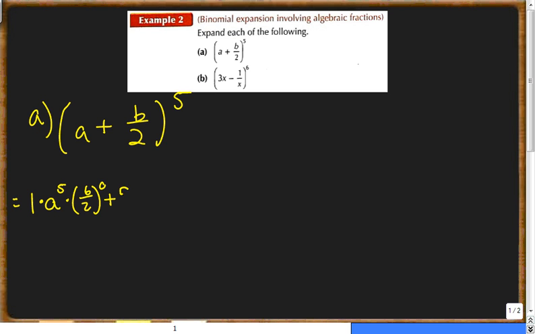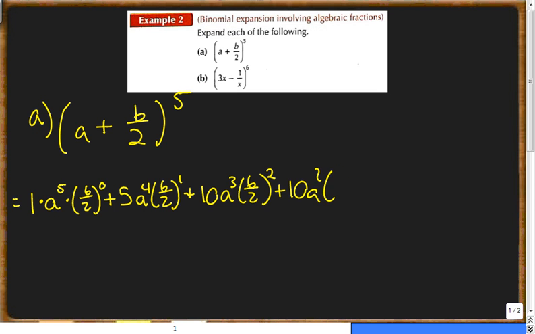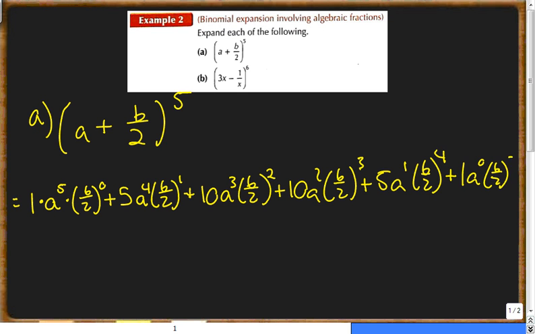So this, and then it's going to be 5 a to the 4th b over 2 to the 1st plus 10 a cubed b over 2 squared plus 10 a squared b over 2 cubed plus 5 a to the 1st b over 2 to the 4th, and then finally plus 1 a to the 0 b over 2 to the 5th. So we just have to break that down and simplify that as much as we can.